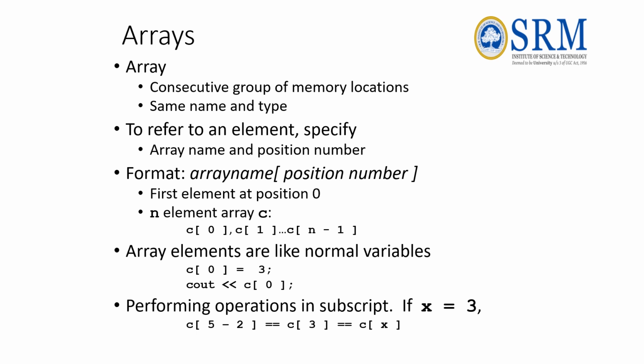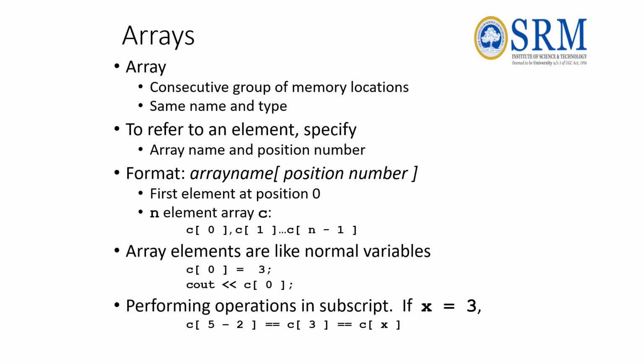The position number is formally called the subscript, or index value. The subscript or index value is nothing but where the position lies. Here, if I give x equals 3, this is known as the index value.